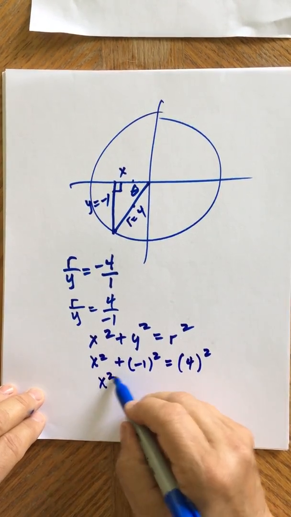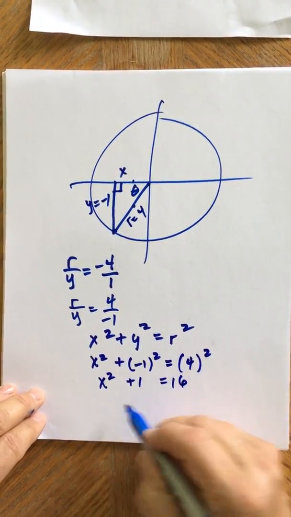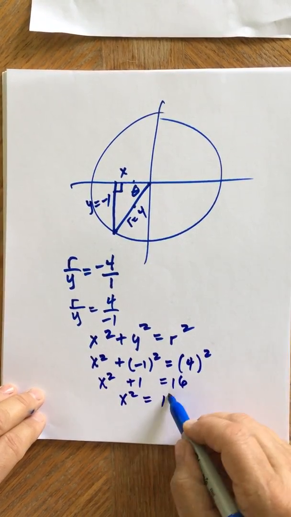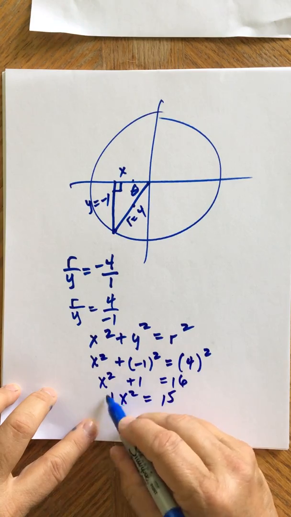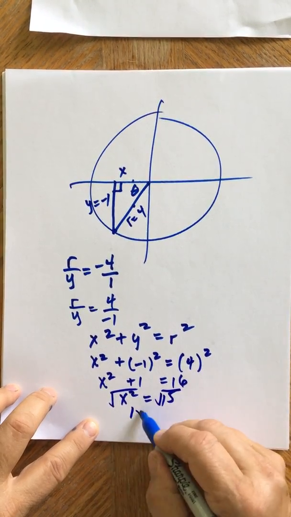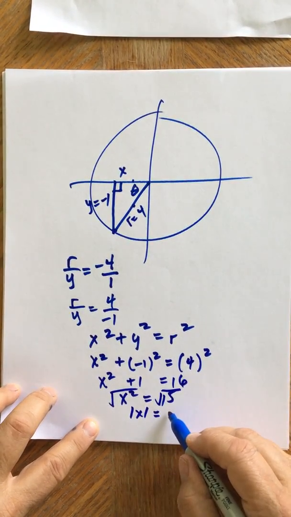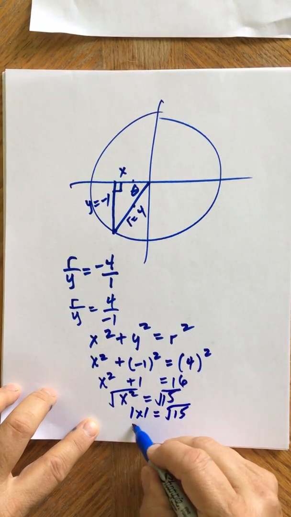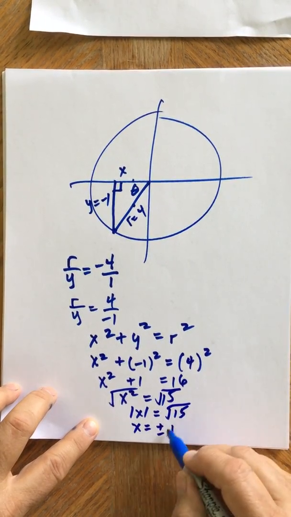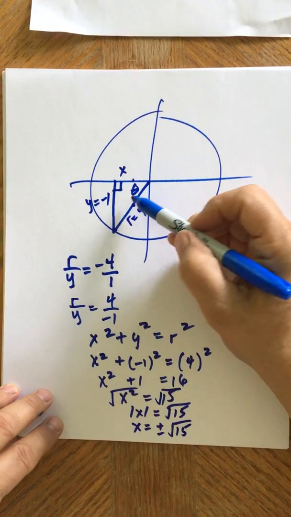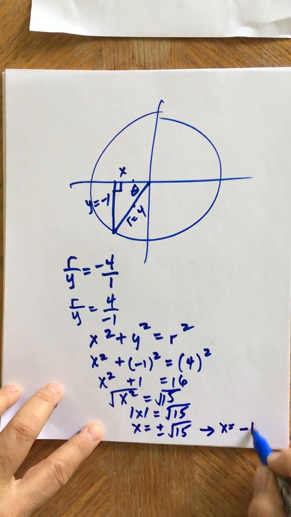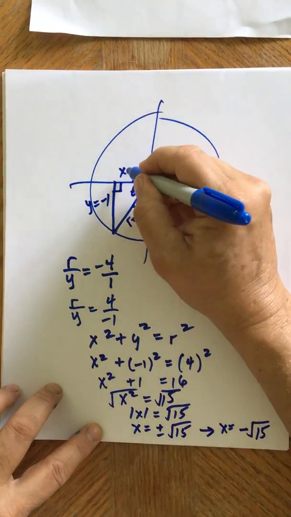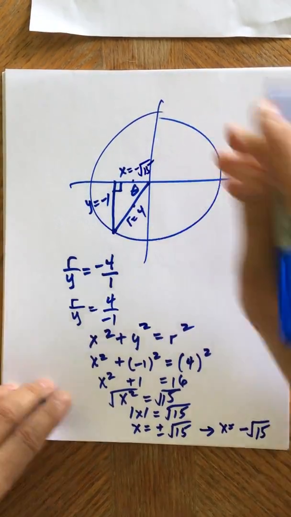So here we have x squared plus 1 equals 16, so x squared equals 15. When I take the square root, technically I get the absolute value of x, so I have square root 15. Now x is positive or negative square root 15, but I know I'm in quadrant 3, so I know that x is negative square root 15.